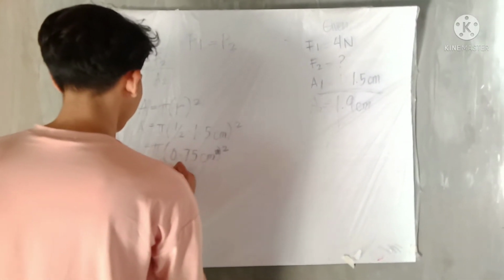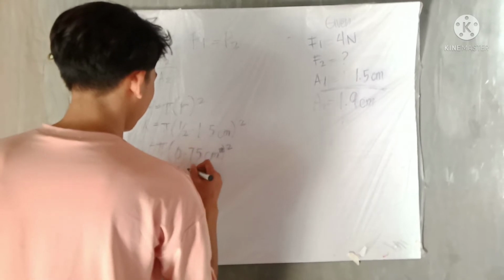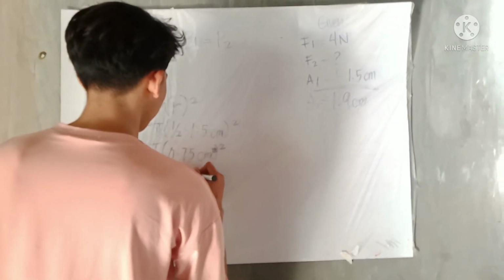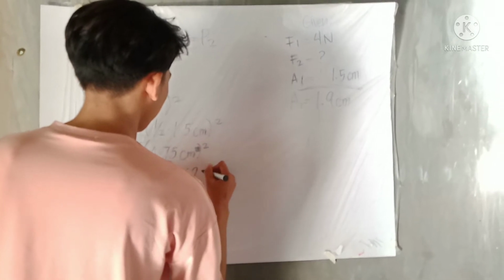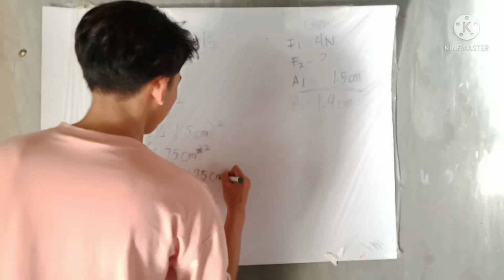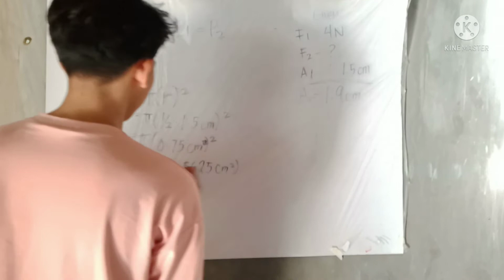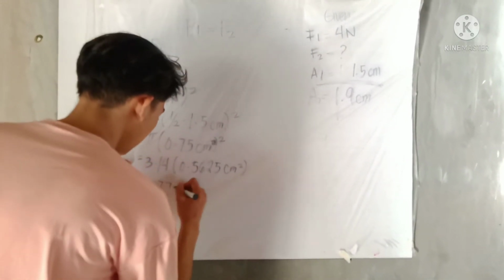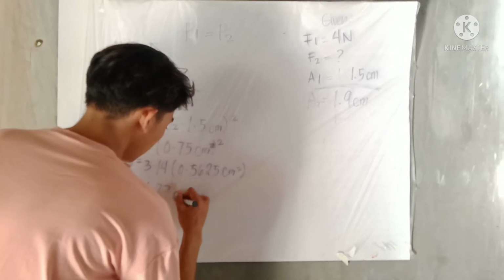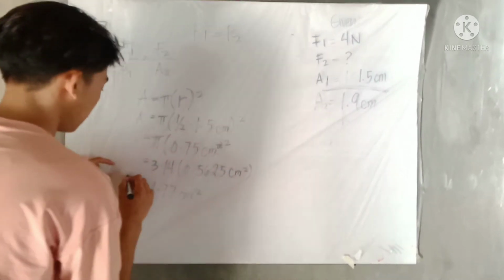Pi is equals to 3.14 times 0.5625 centimeter squared, and the resulting value for area 1 is 1.77 squared centimeter.